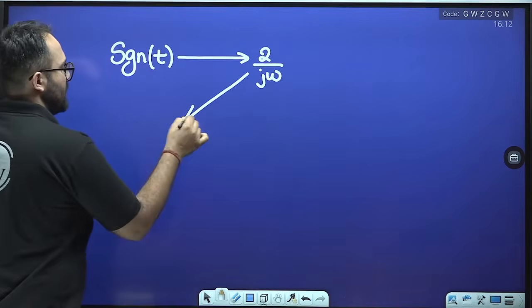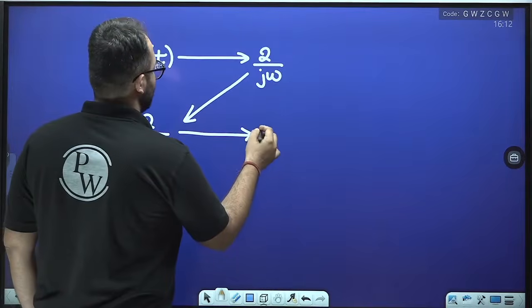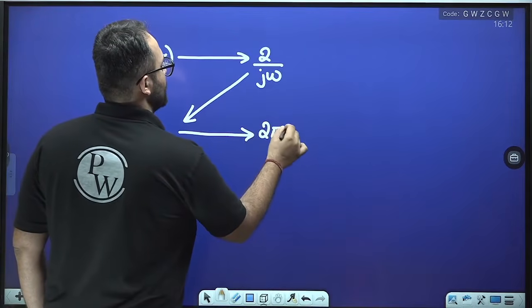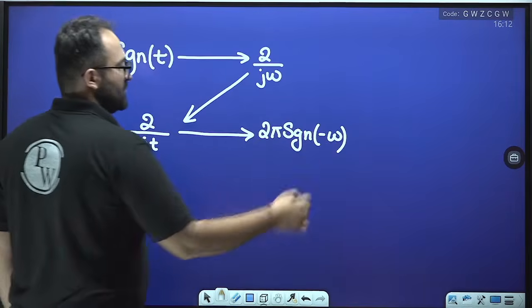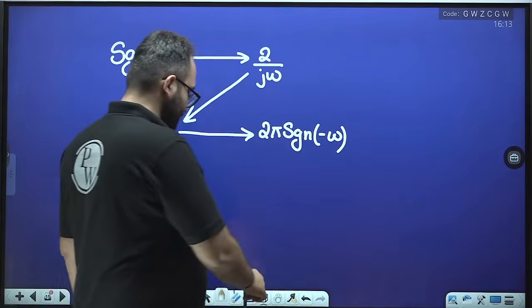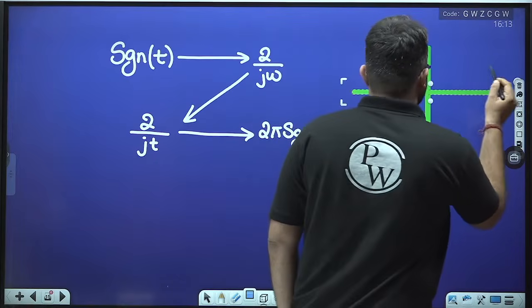If you apply duality, 2 by j t has Fourier transform 2 pi Signum of minus omega. Now if we recall the Signum function, Signum x or Signum t is like this.